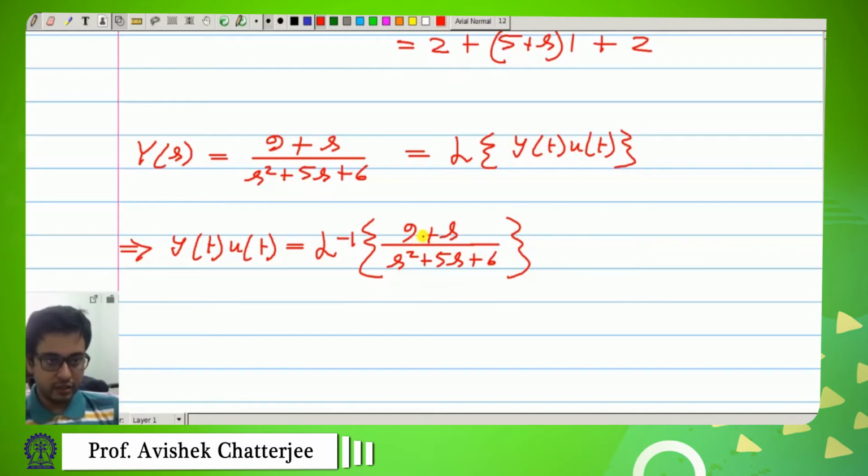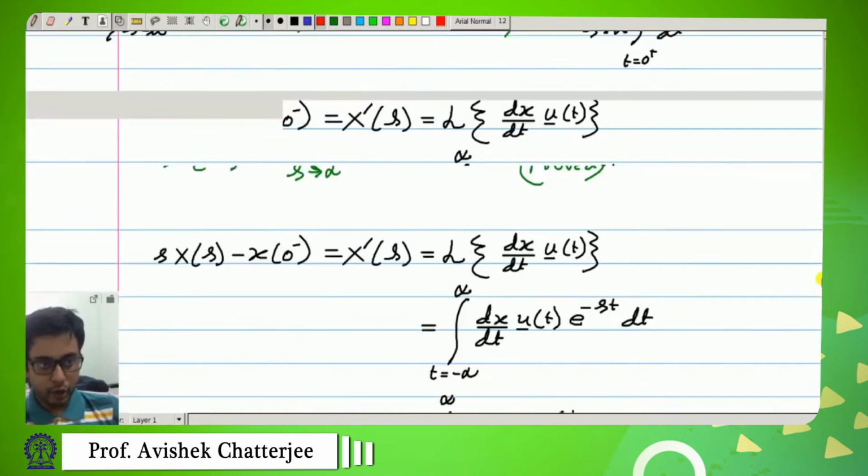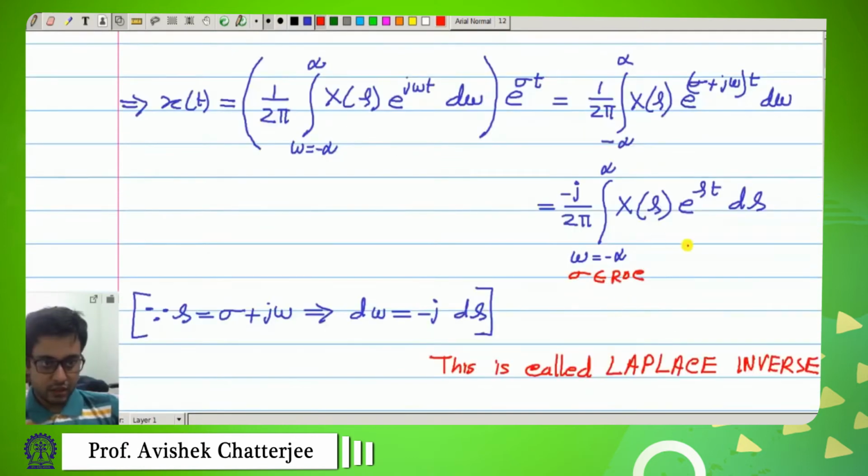Remember that we told you about this formula for calculating Laplace inverse. However, in practice we do not use this formula.